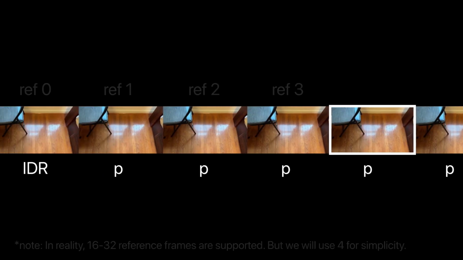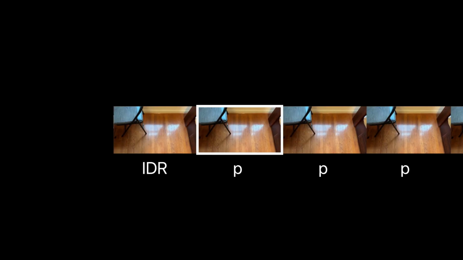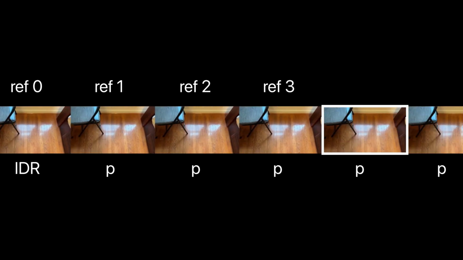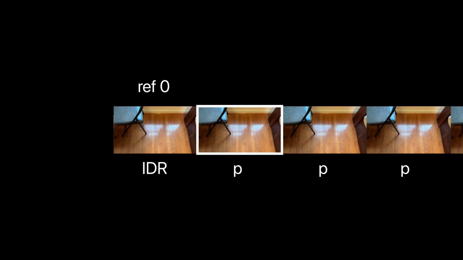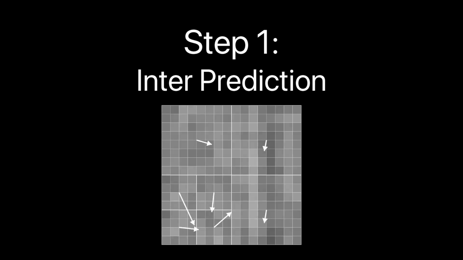By default, our reference frames will be the past 4 frames. But remember, we can't set reference frames before an IDR frame, so we can have anywhere from 1 to 4 reference frames. In our case, we only have 1, because this is the second slice. For P frames, we will use more advanced partitioning techniques.